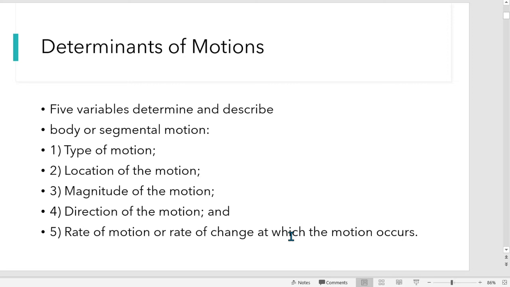Magnitude, how strong it is, or how much force is used to produce this motion. Direction, where it is going. Is it going downward, upward, or medial to lateral side? So that refers to the direction. Rate of motion, how fast and how slow is the motion.